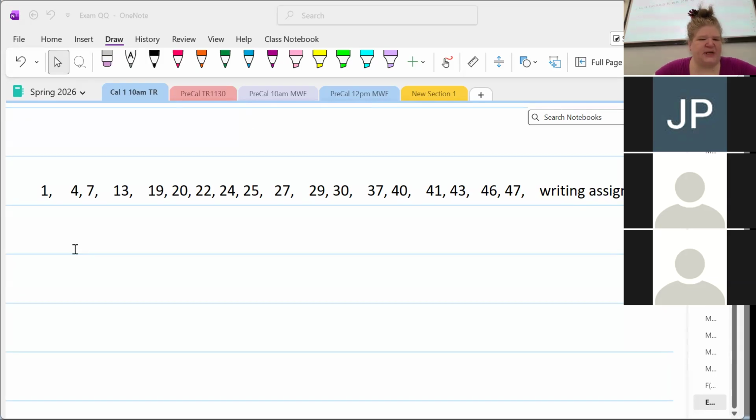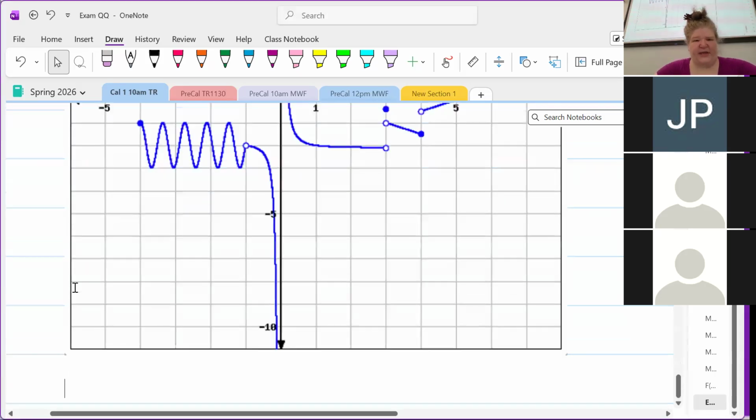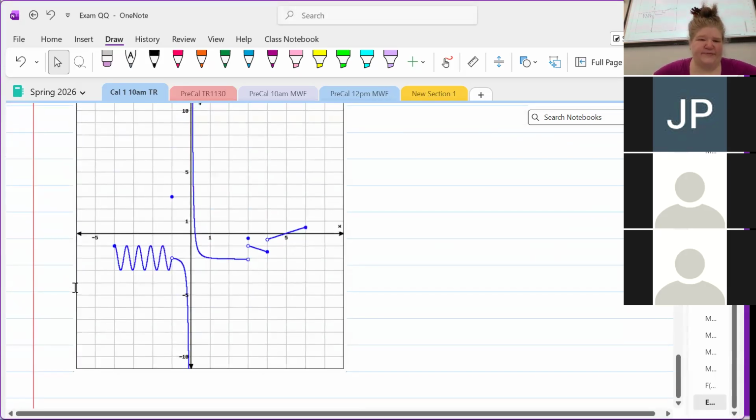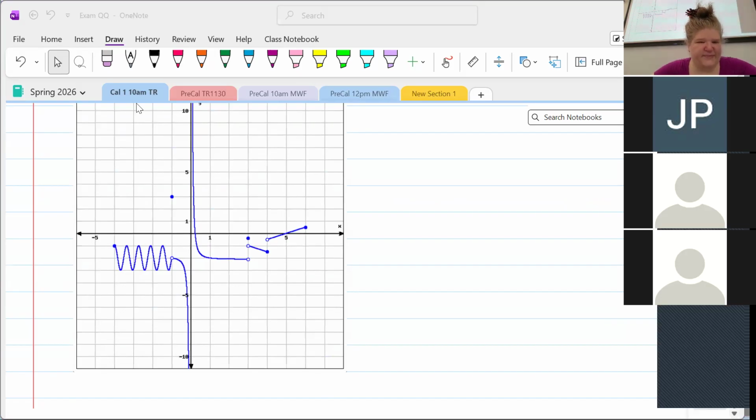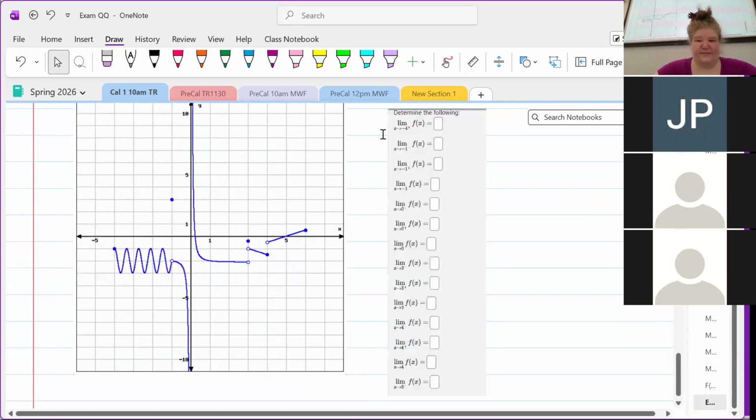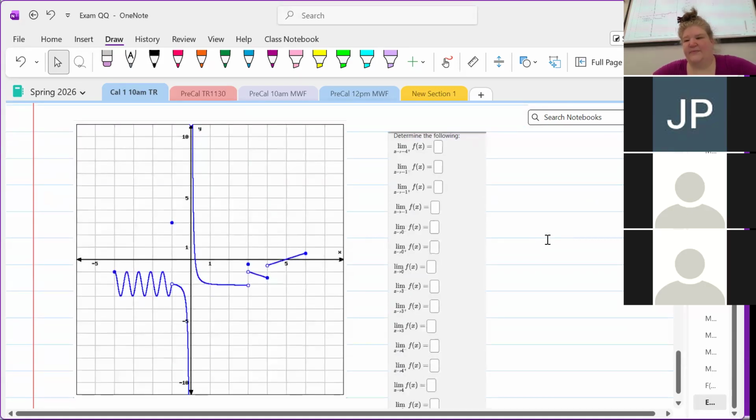And I say disgusting because this graph has everything going on. All right, and then the question itself is this giant list of limits here.